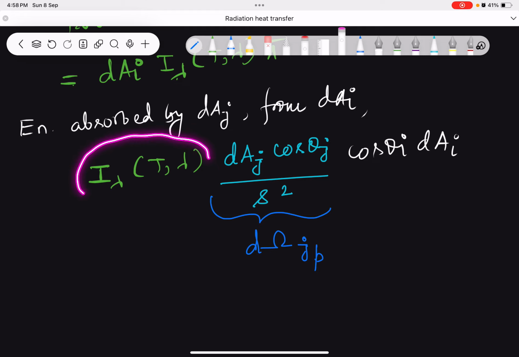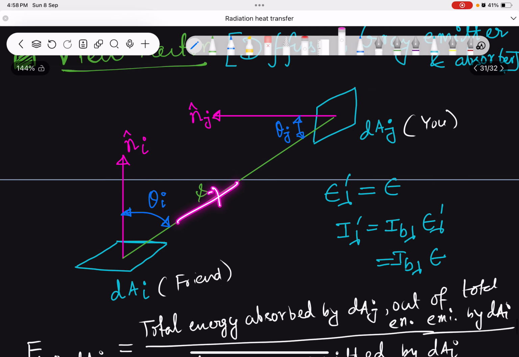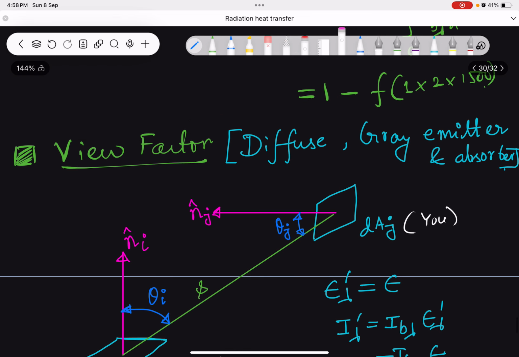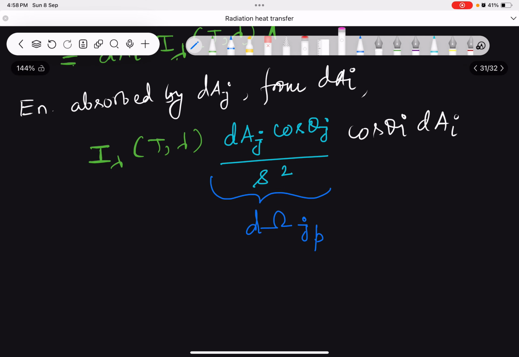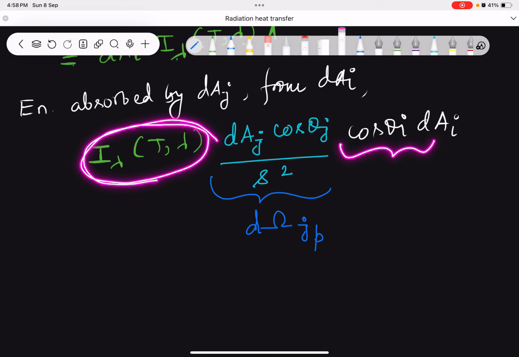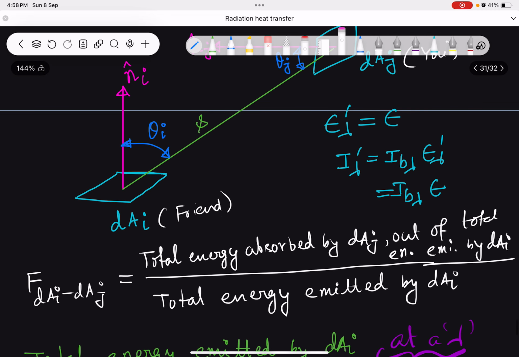So this is the radiation ray that is going in this direction. Okay, so to account for that, I have to write this much into the dAi projected, because I have already told you that I have to take care of the projected area for this also, because from this the radiation ray is coming.